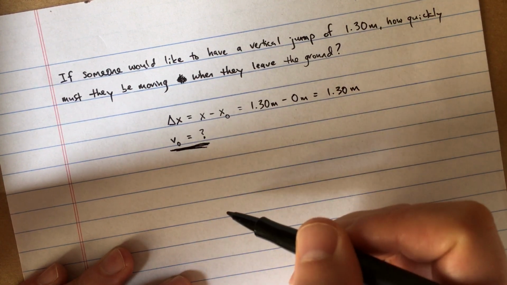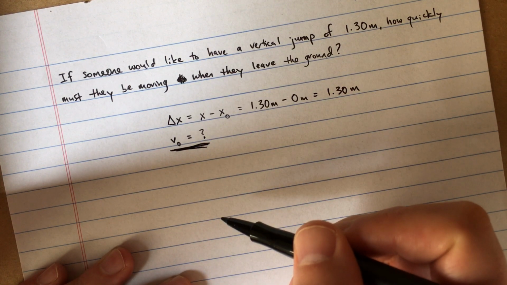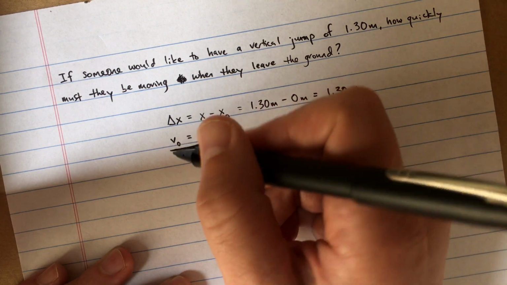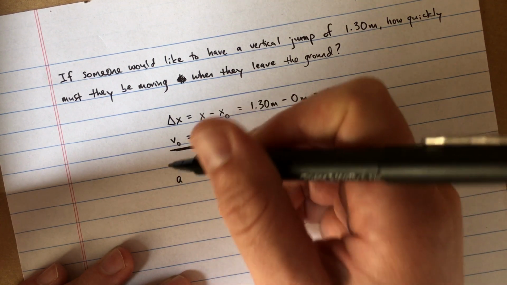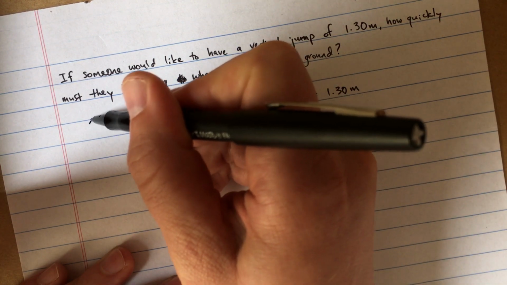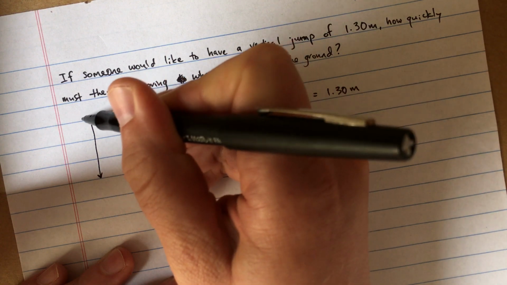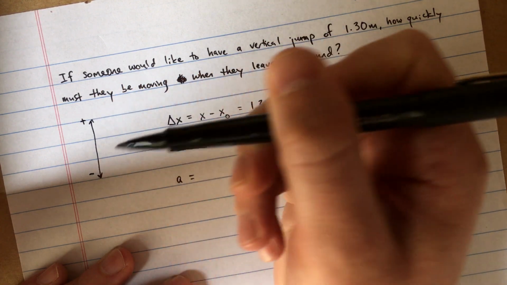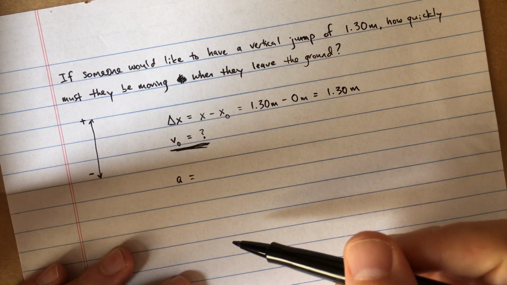And then moving on down, let's see what other information we have. Well, as I said, once they come out of contact with the ground, they can't use their muscles to push off of the ground and accelerate themselves upward. So the only acceleration left over is going to be gravity. And if we go over here and quickly just define a little coordinate system, so up is going to be positive for us and down is going to be negative for us.